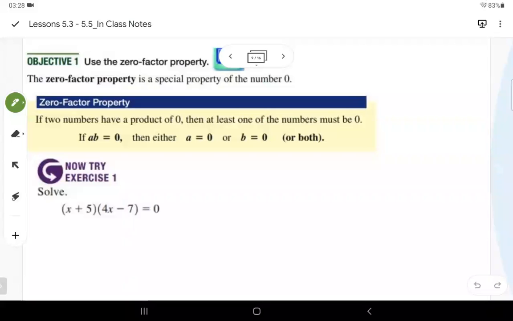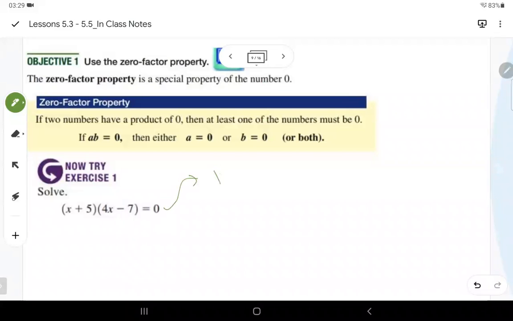Okay, so this is the last section, 5.5, and it is talking about this zero factor idea. So whenever we want to solve a problem, we want to get the factors. So we want to get the problem into factored form, and then we want to set each factor equal to 0. So in this case, they've already made it kind of nice for us, and we have it in factored form.